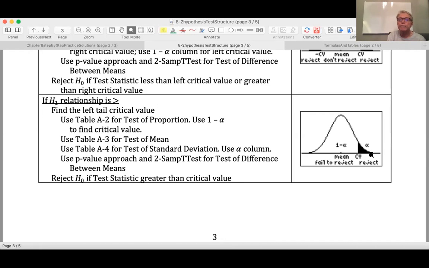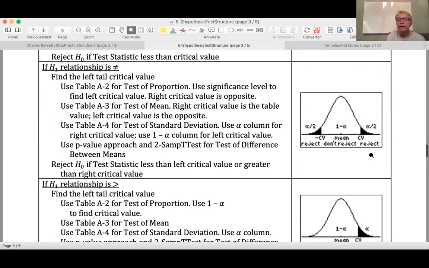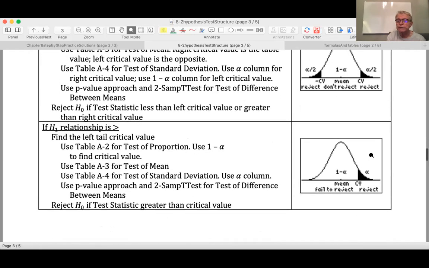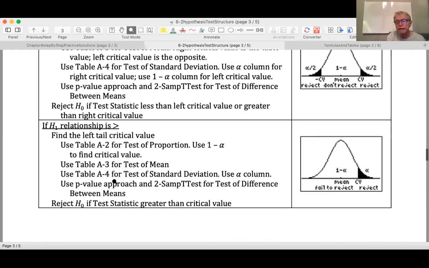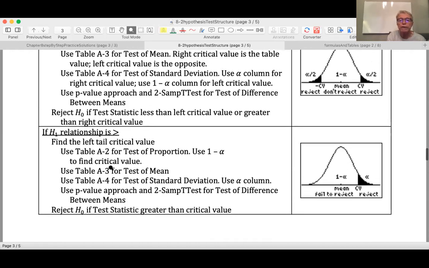Okay, so that's the what and why, but now the how. How do we find the critical value? In this table right here you'll see how we're going to do it, and we'll reserve discussion of those until we get to individual hypothesis tests, okay?